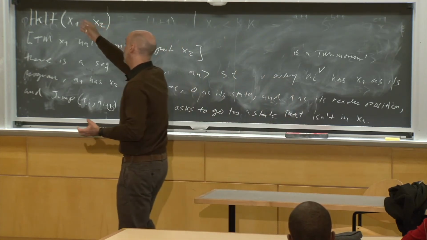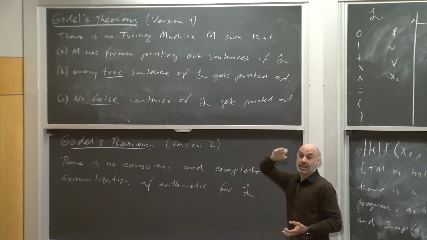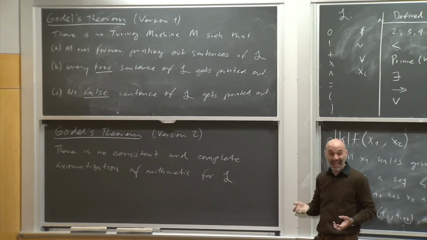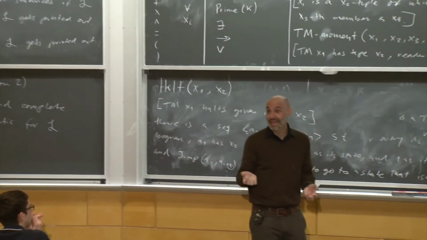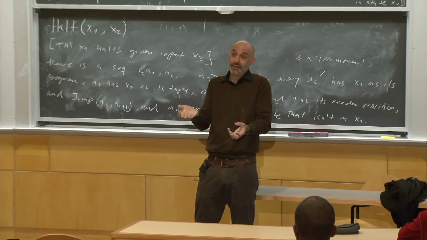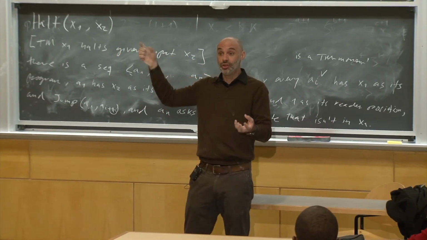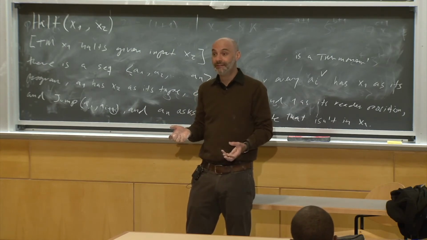So there's no Turing machine that can list all true arithmetical sentences and no false ones. And why is that? Well, it's because you can say all sorts of things in the language of arithmetic. In particular, you can express non-computable functions, as we just saw. So if you did have such a Turing machine, you could use it to compute uncomputable functions, which is impossible. So it's not that hard.